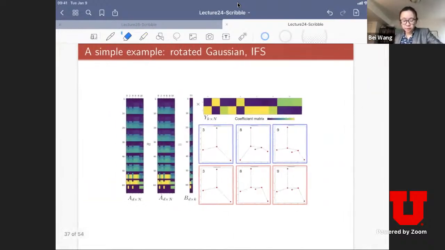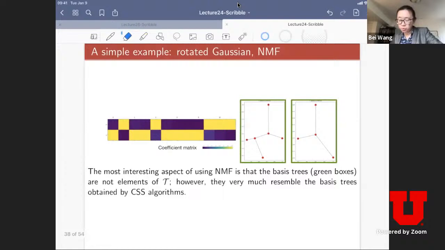But if you use factorization, which means I'm creating new trees, the new trees look quite similar to those independent columns you just selected, even though they are not coming from the columns. So what this is really saying is that even if I'm using non-negative matrix factorization to find new bases, the new bases actually resemble very much a basis as if they were chosen from the original input.